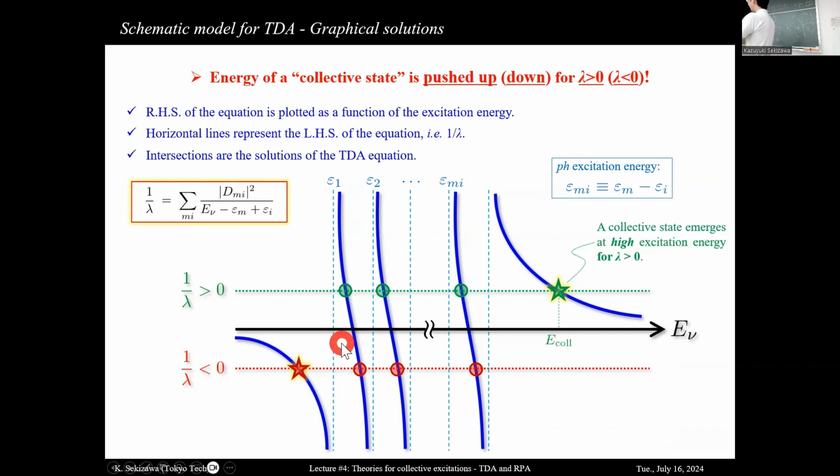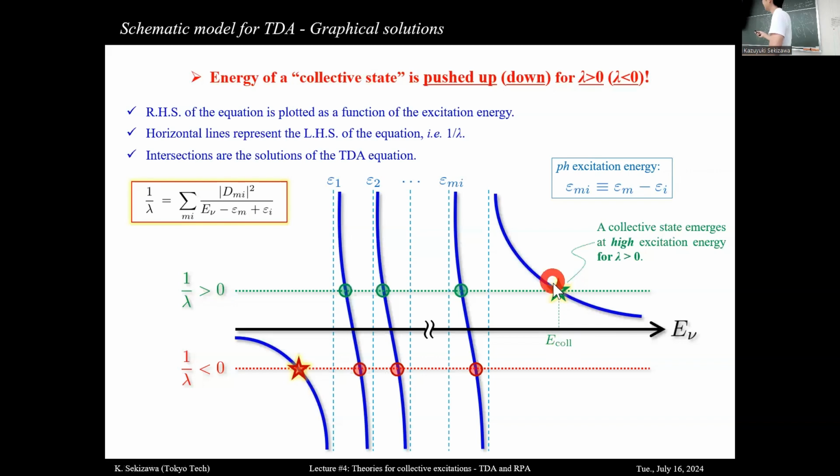But other than that, we have some states with different excitation energies. One is here and the other is here. So for instance, for positive lambda, we have this energy and it is related to actually the collective state.